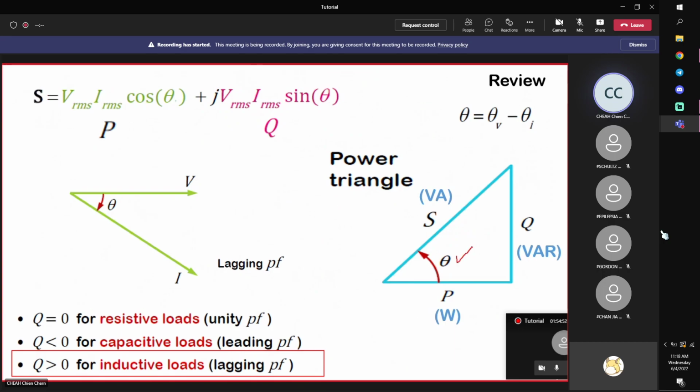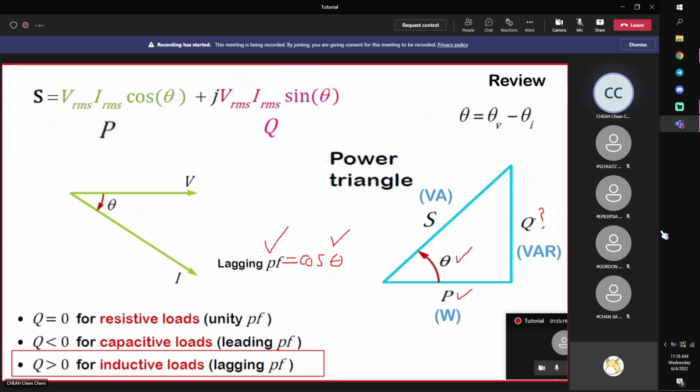It means this angle is given and this power is given, and you need to calculate the Q. Why do I say the angle is given? Because power factor is cosine theta. If you're given the power factor, you're given the theta.